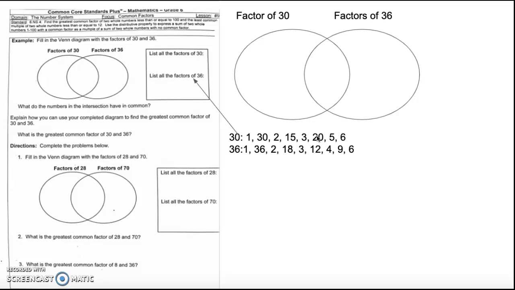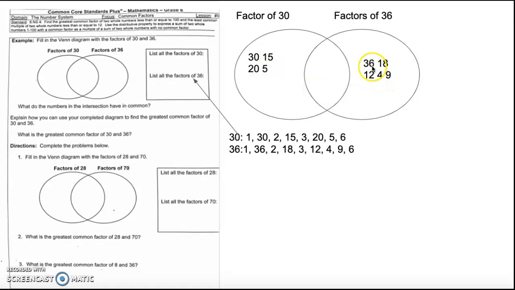Okay, so the next thing we're supposed to do is put these numbers into our Venn diagram. If we remember, a Venn diagram has things that are different over here: factors of 30 that are different from 36, and factors of 36 that are different from 30, and then the ones in the middle are the same. So 30, 15, 10, and 5.